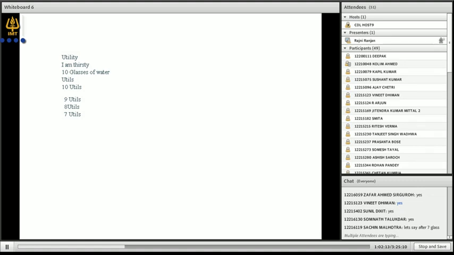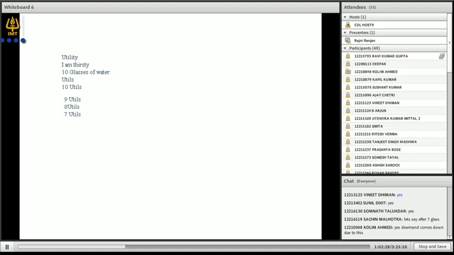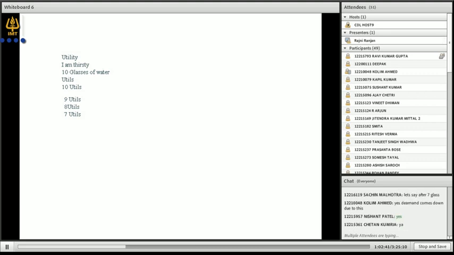Diminishing means coming down, as you can see: 10, 9, 8, 7, and so on. Can all of you understand this diminishing marginal utility?